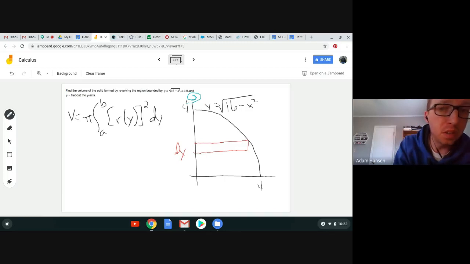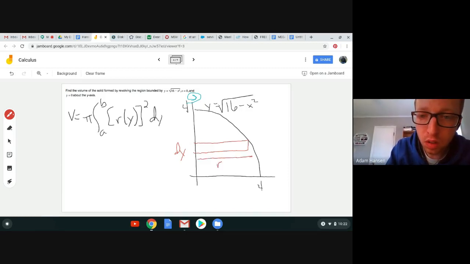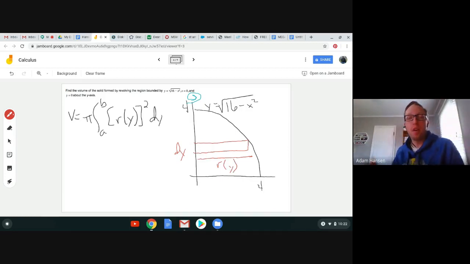The radius needs to be in terms of y. It's some equation that's going to take our x value for any x value. How far out on the y-axis are we having our radius?